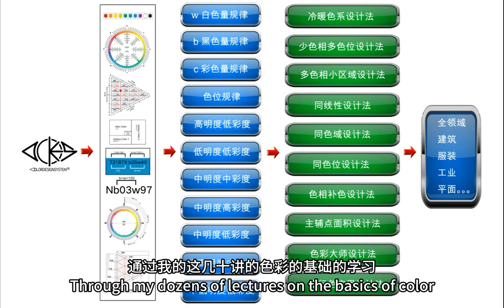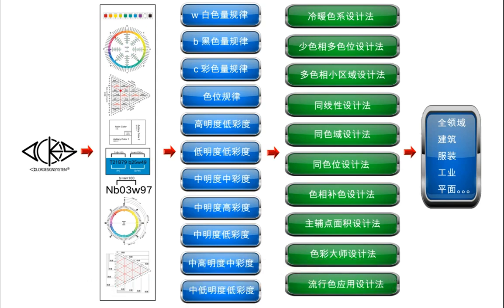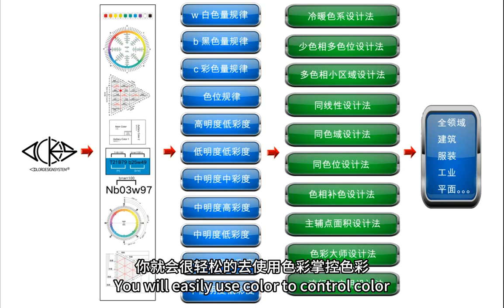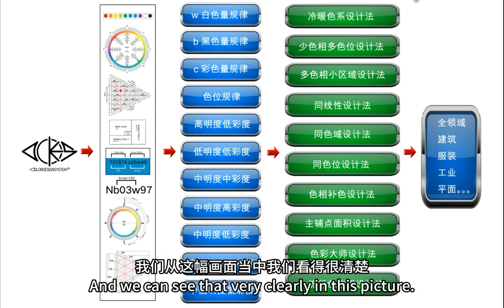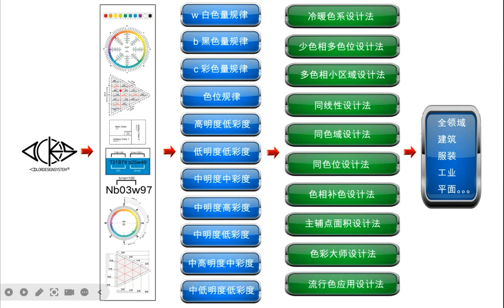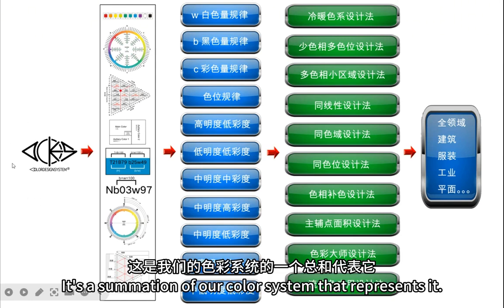Through my dozens of lectures on the basics of color, you will easily use color to control color, and even become a master of color. And we can see that very clearly in this picture. It's a summation of our color system that represents it.